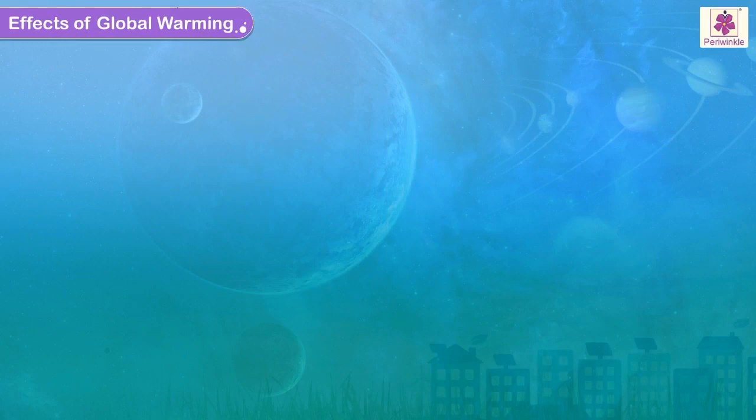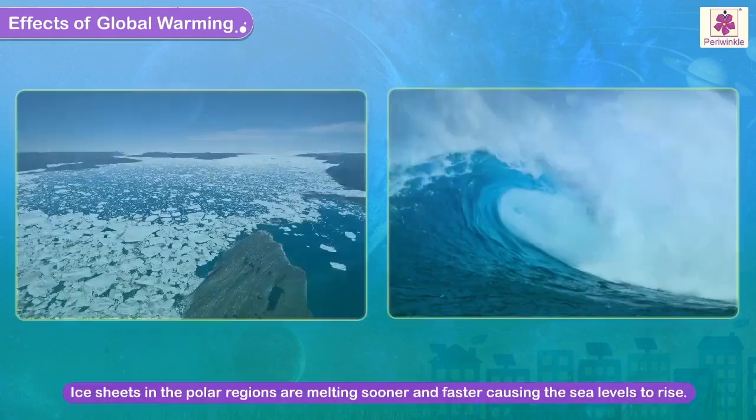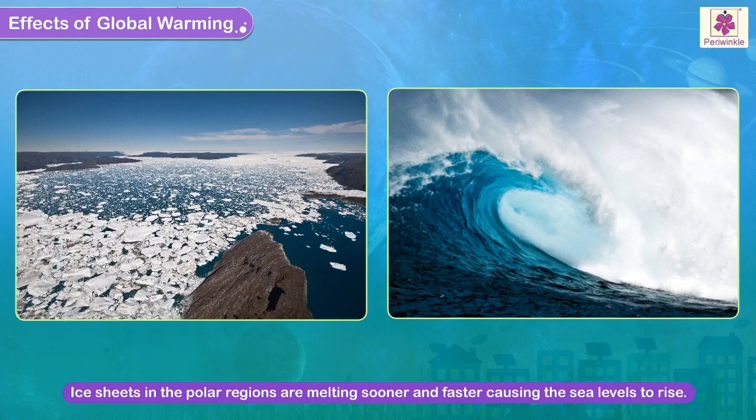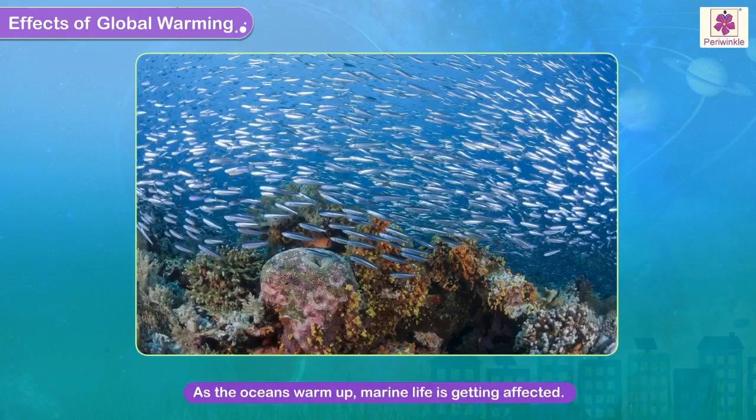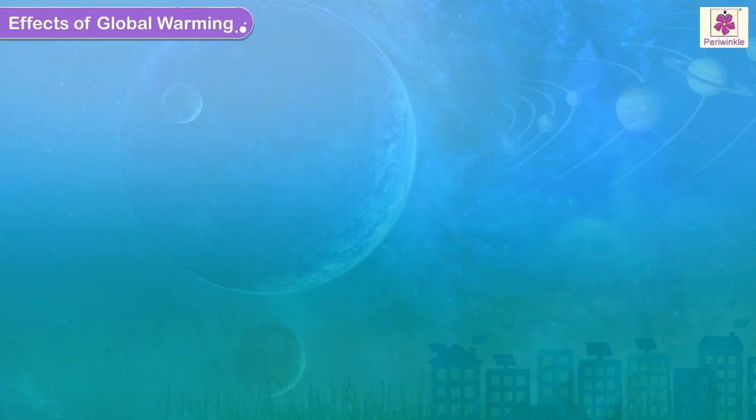Effects of global warming. 1. Ice sheets in the polar regions are melting sooner and faster, causing the sea levels to rise. 2. As the oceans warm up, marine life is getting affected. 3.